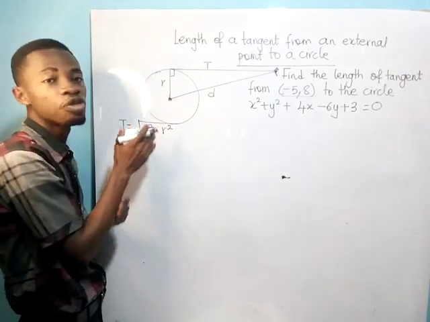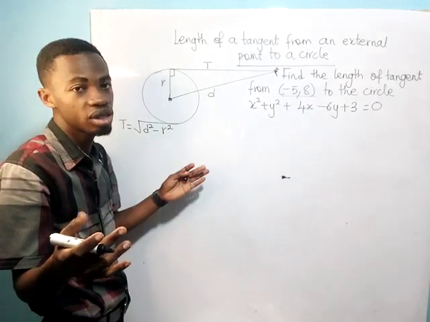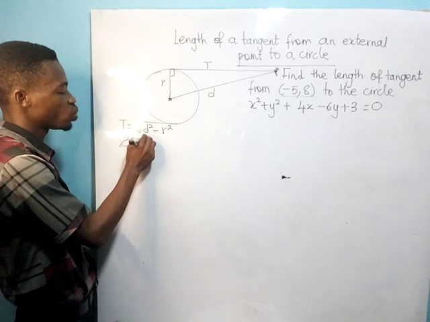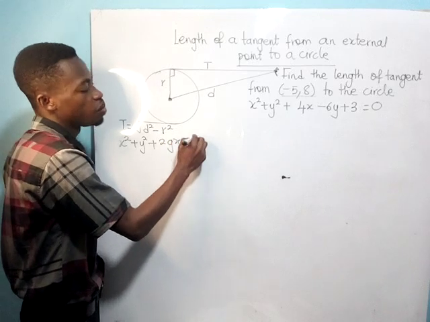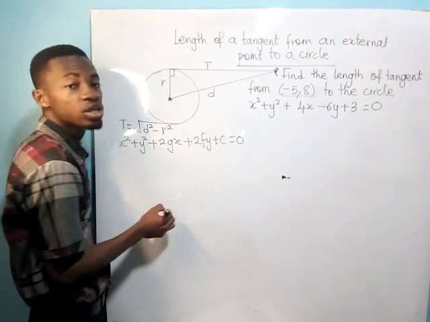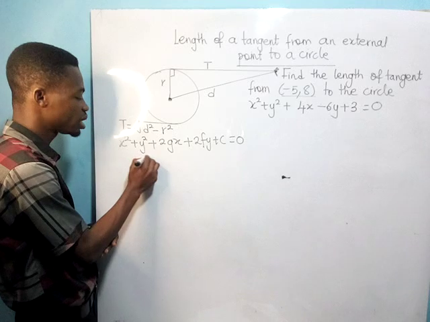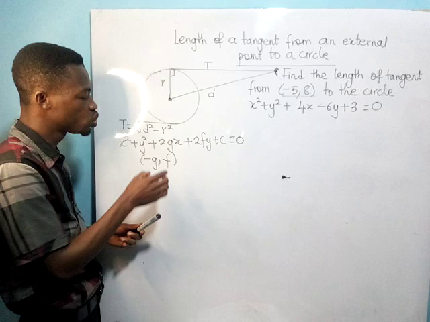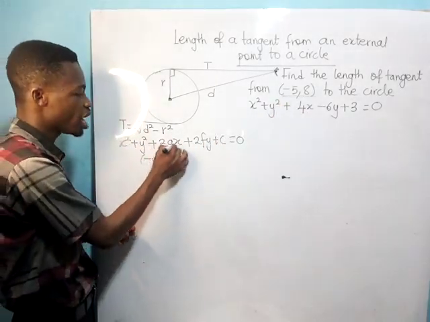Now, when you want to find the center, you equate the given equation to the general equation, which is x squared plus y squared plus 2gx plus 2fy plus c is equal to 0. So we know that the center is basically (-g, -f).